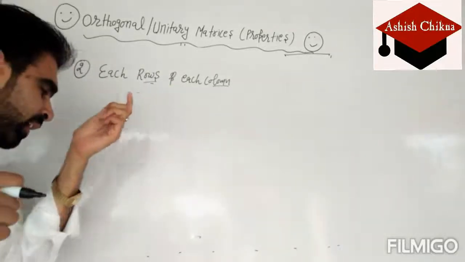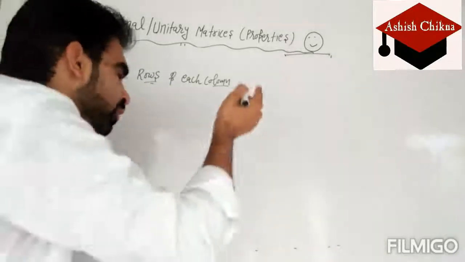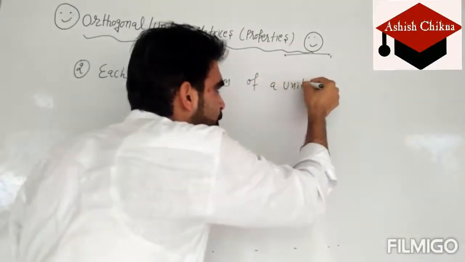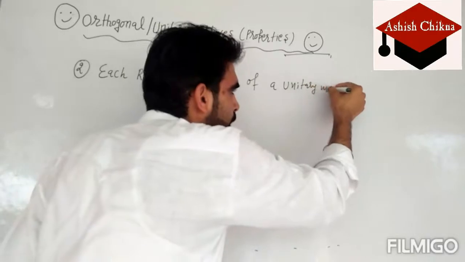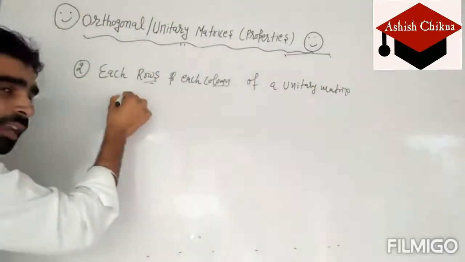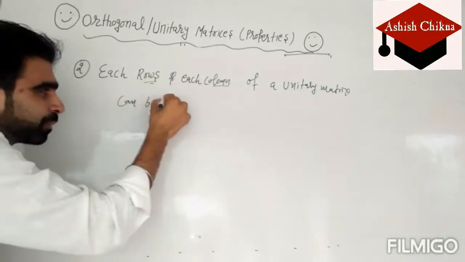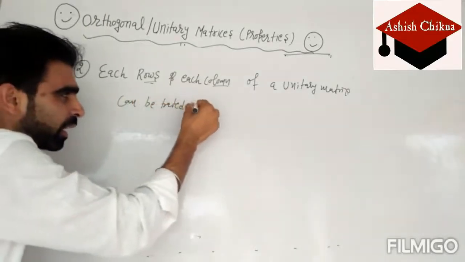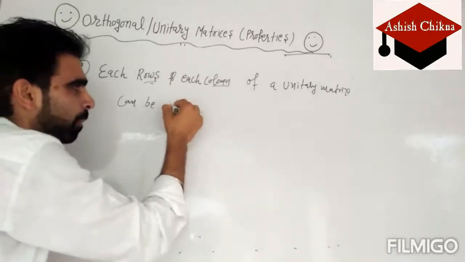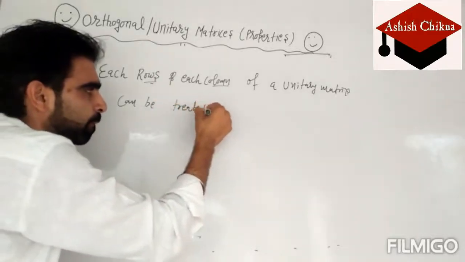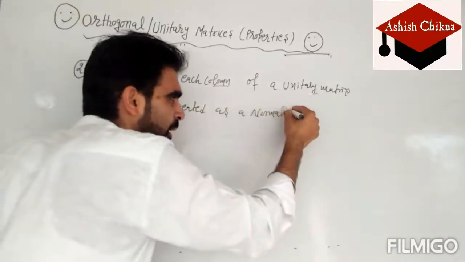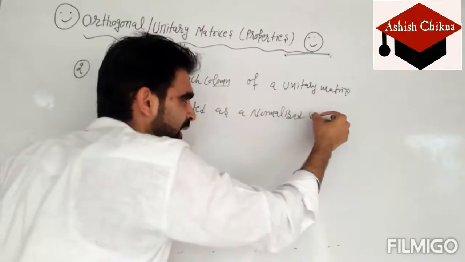Each row and each column of the unitary matrix can be treated as a normalized vector.